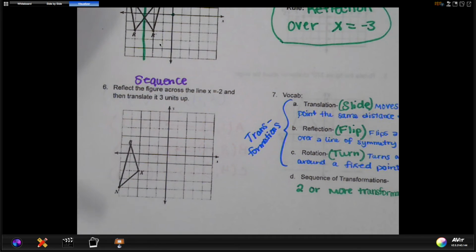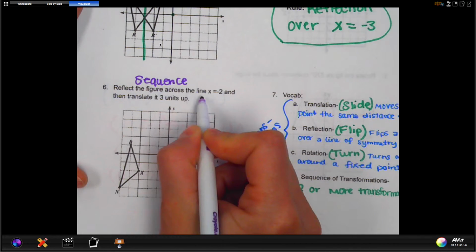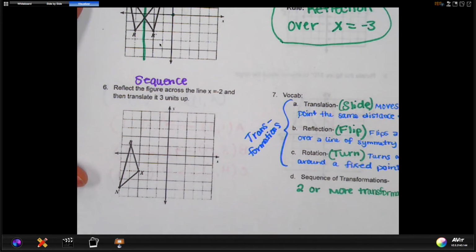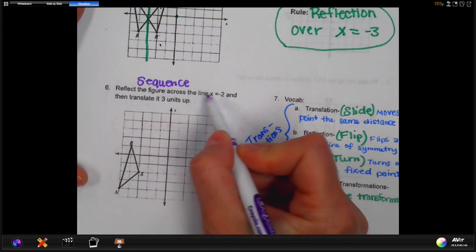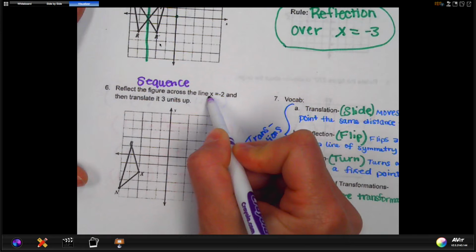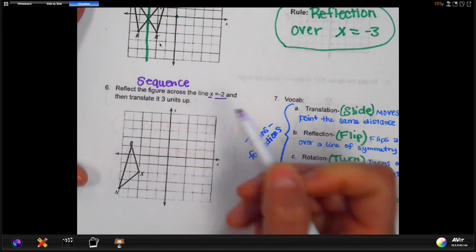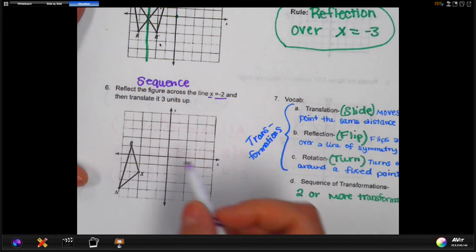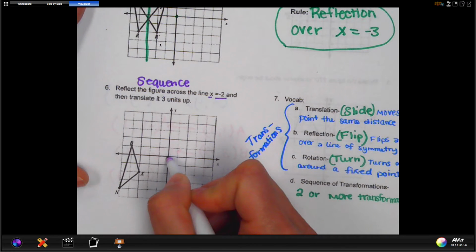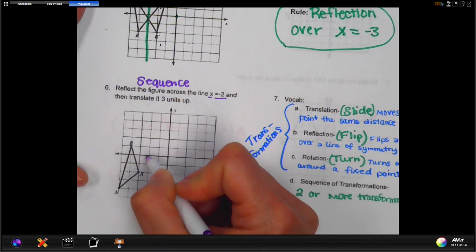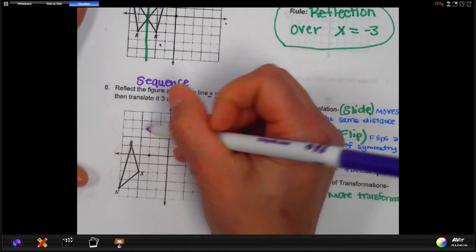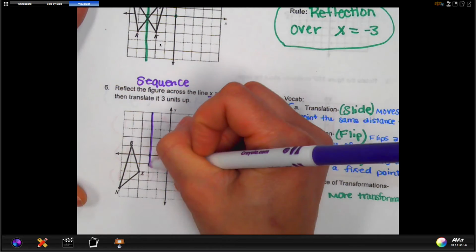We're going to start with reflecting the figure across the line x equals negative 2. So we have to identify that line. It doesn't say x or y axis, but it does say x, so we know it's going to stand like T-Rex. Where is x equals negative 2? That means 1, 2 to the left. That's right here. So I'm going to make my line stand up and down.